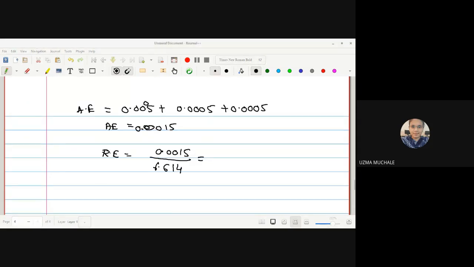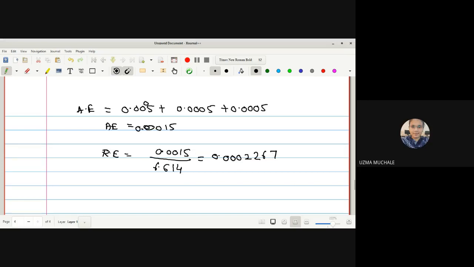What will be the value of the relative error? 0.0015 divided by 6.614. Tell me the answer. 0.0002267.